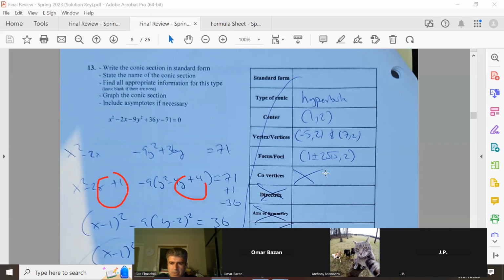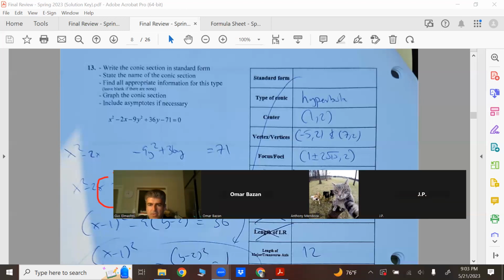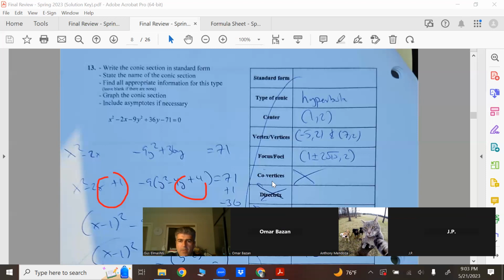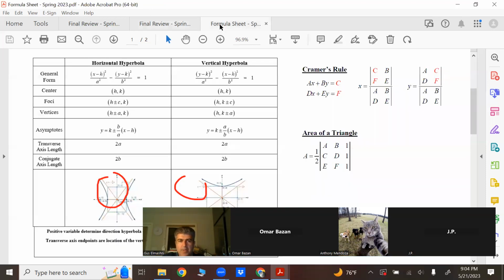Okay, so let's do 39, and then 29, and then composites. Someone's asking again, let me look at the timestamp here. How do I know if it's horizontal or vertical? If x squared is positive, horizontal. If y squared is positive, vertical. In your formula sheet, that's how you know.